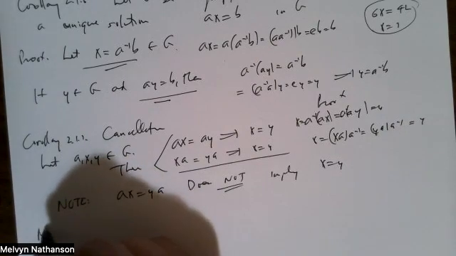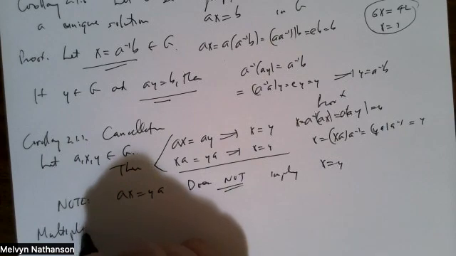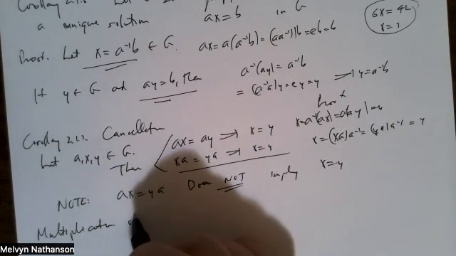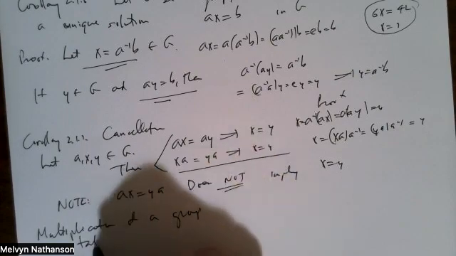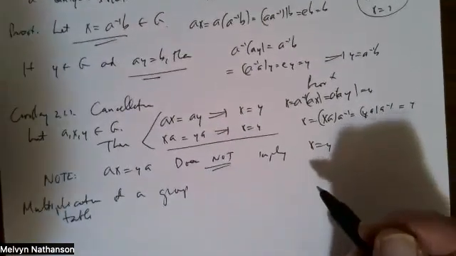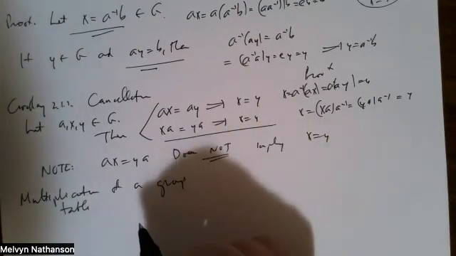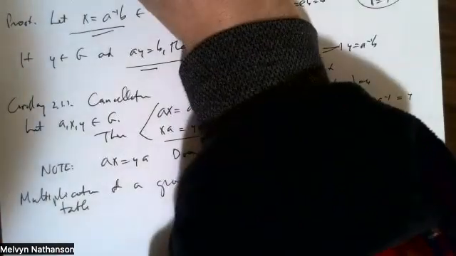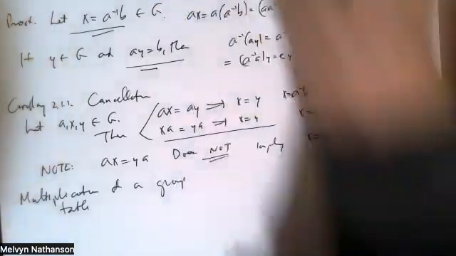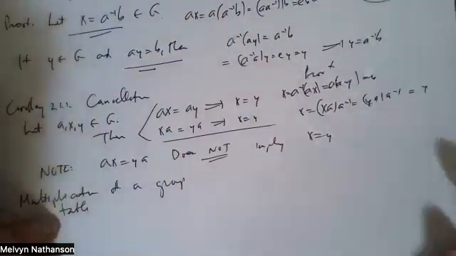In a group, we have the multiplication table. Multiplication table of a group. It's just a way to write down what the group operation is. So let's see, let me see how I can describe this.